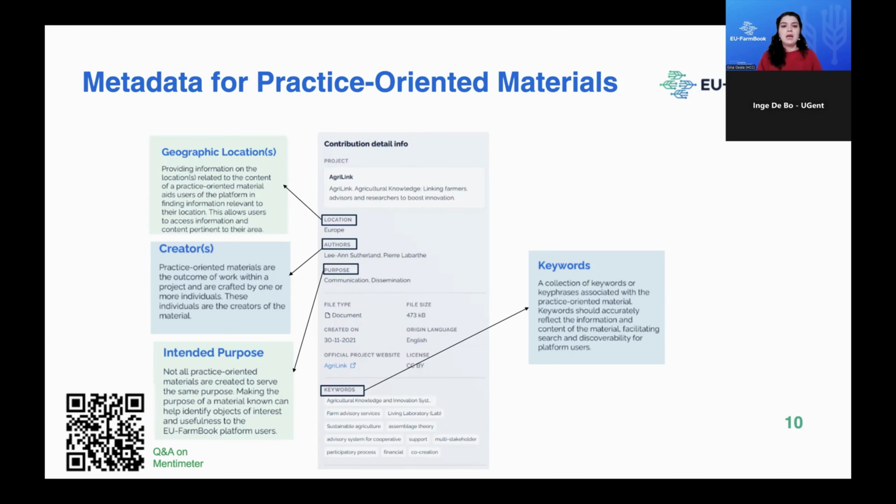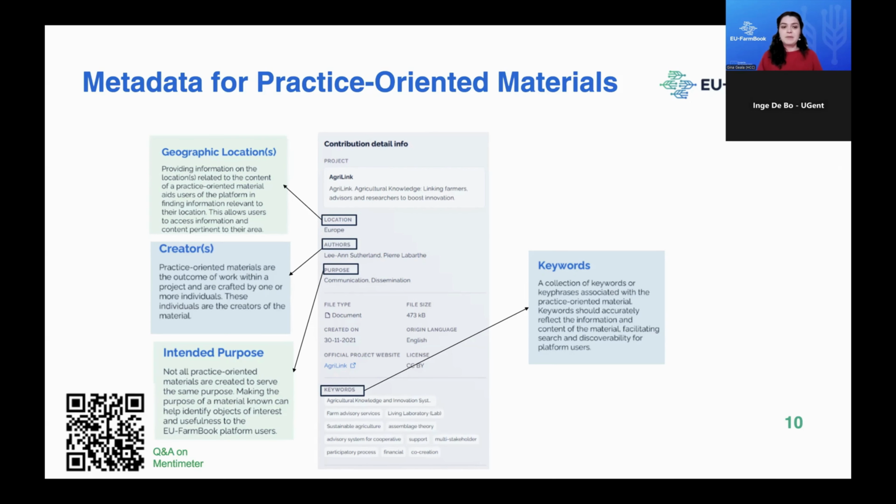The authors or creators of practice-oriented materials are the outcome, of course, of work within a project and are crafted by one or more individuals. These individuals represent the creators or the authors of the material.